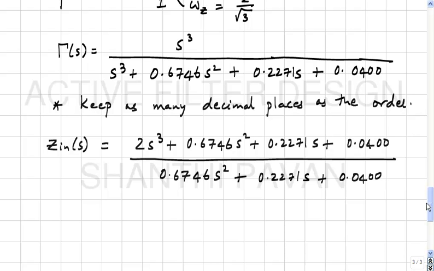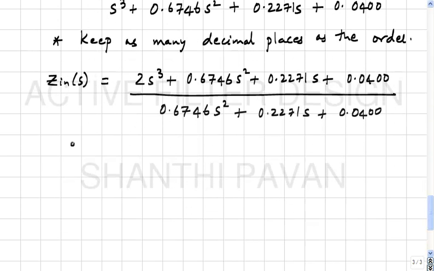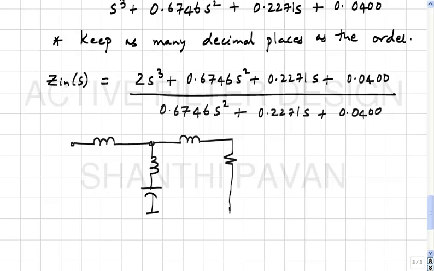All right. So now what we are trying to do is see how we can determine the values of L1, L2 and L3 from this expression for Zn, right?